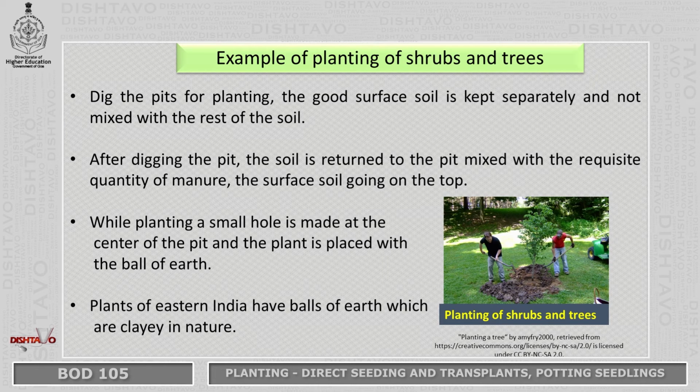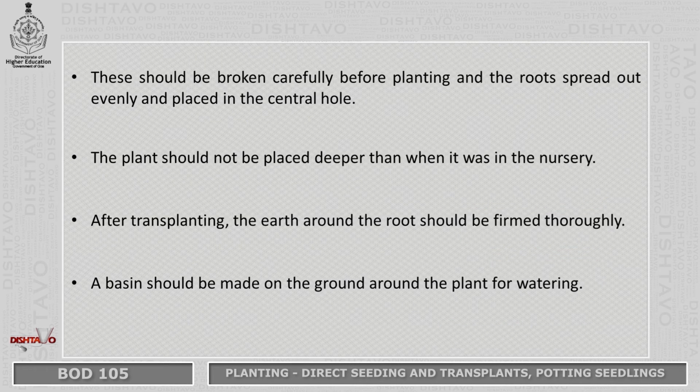While planting, a small hole is made at the center of the pit and the plant is placed with the ball of earth. Now here, plants of Eastern India have balls of earth which are clay in nature. This should be broken carefully before planting and then the roots spread out evenly and placed in the central hole.